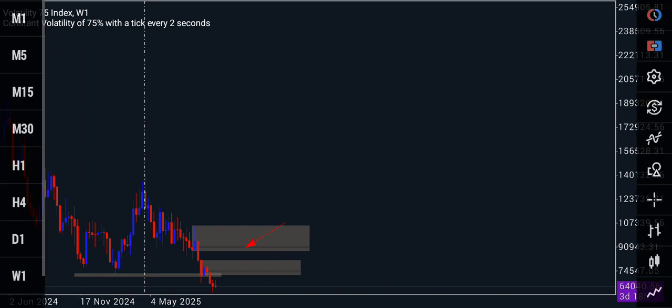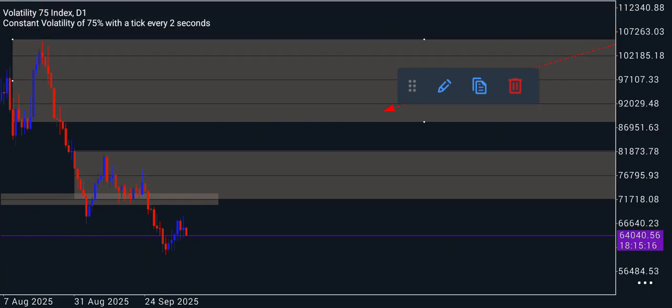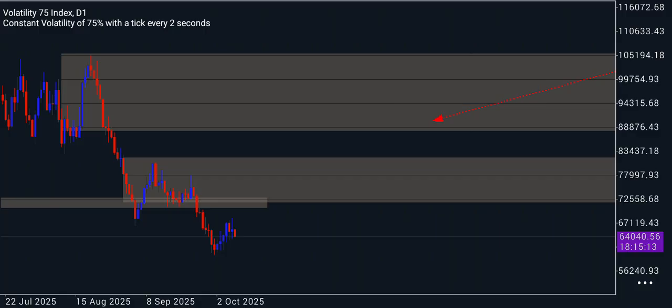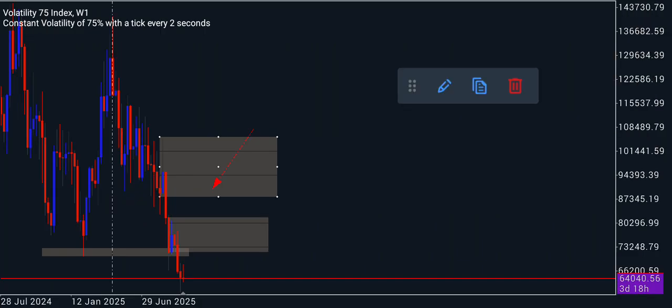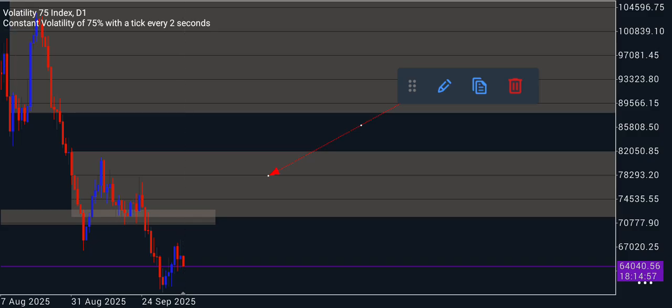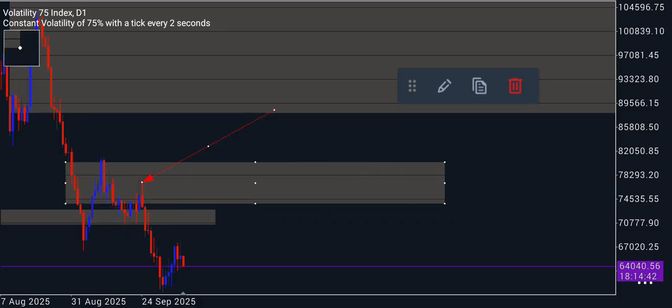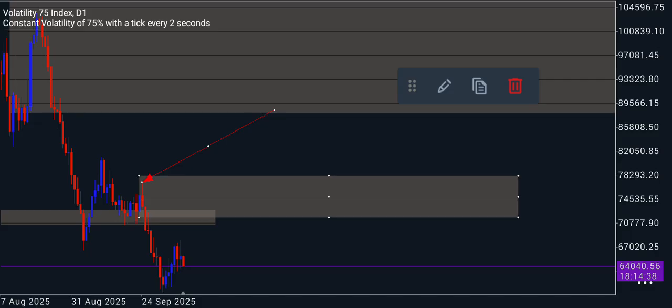So go back to the daily time frame. Here in the daily time frame, we are going to streamline our point of interest to this supply zone.